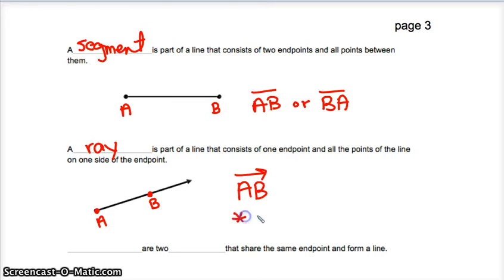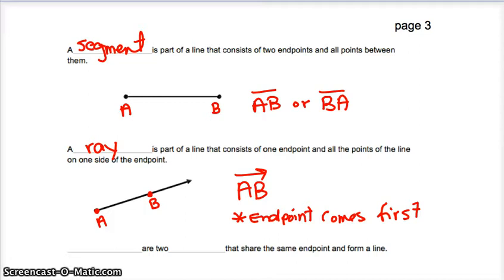I'm actually going to write that and have you write that down: the endpoint comes first. Then you need any other point that's on the ray, and above it you've got the endpoint first and then an arrow to one side.